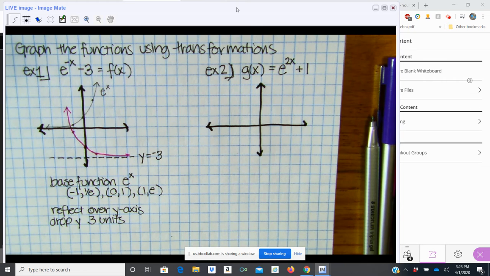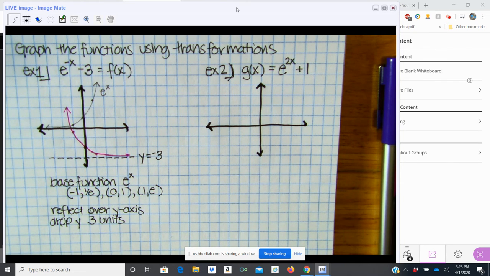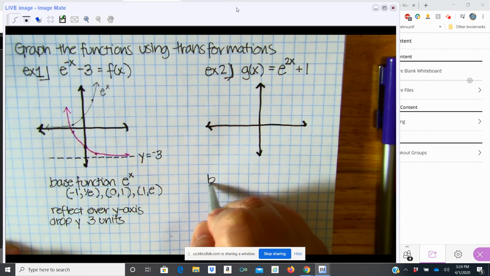Let's try our second one here. Here we have g of x is equal to e to the 2x plus 1. Our base function is still e to the x.